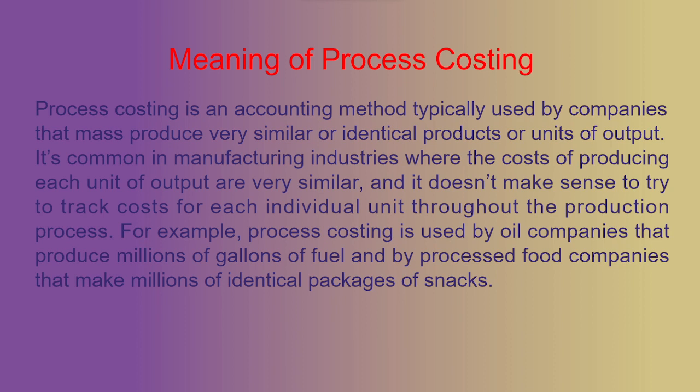It's common in manufacturing industries where the cost of producing each unit is very similar, and it doesn't make sense to try to track cost for each individual unit throughout the production process. For example, process costing is used by oil companies that produce millions of gallons of fuel, and by processed food companies that make millions of identical packages of snacks.